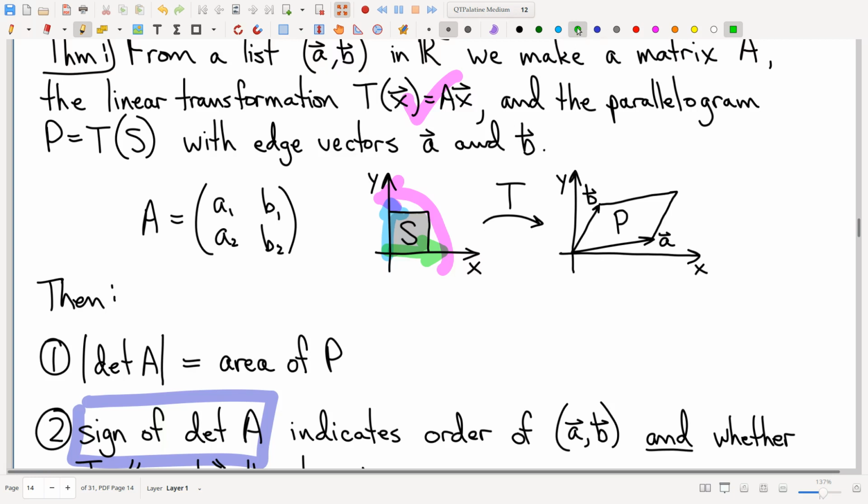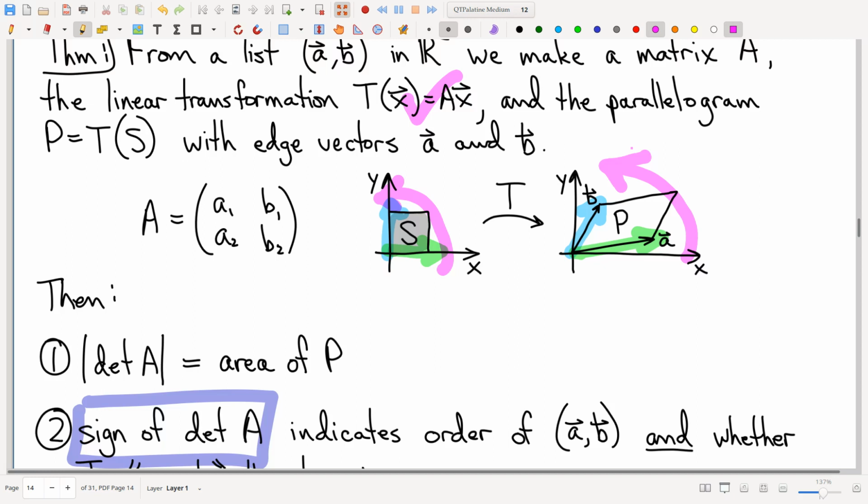So that's the image of E1. That's the image of E2. And notice, as I have it drawn here, also counterclockwise. So let's start by thinking about when the determinant's positive. If the determinant's positive, this is counterclockwise as drawn. You could stop there, but it also means that counterclockwise turned into counterclockwise.